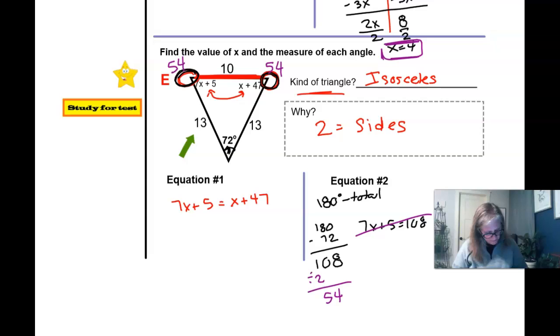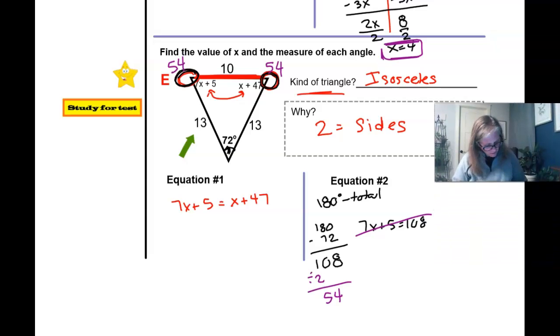So for this problem, I could write 7x plus 5 equals 54, or I could write x plus 47 equals 54.